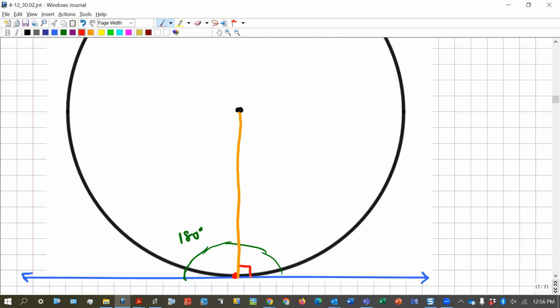It's going to split that 180 degree angle exactly in half. And when we go to find a formula for the area of a circle, we use that idea.